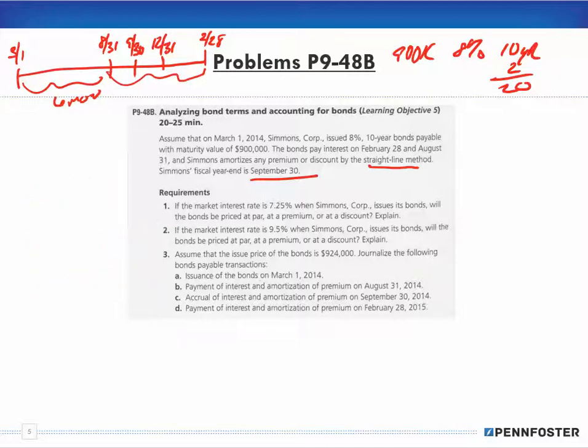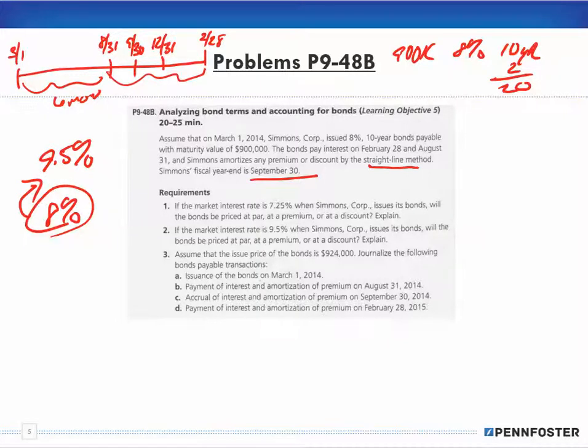Right. So number 2, if the market interest rate is 9.5%, when Simmons issues its bonds, will the bonds be priced at par, premium, or a discount? Well, again, if it's at 8% and now the market is at 9.5%, those bonds are at a discount to the market rate, because the bond's rate is lower than the market rate.